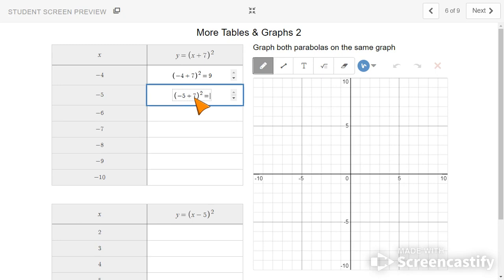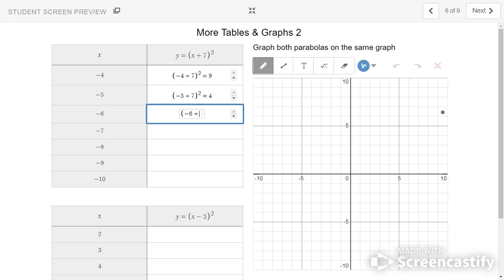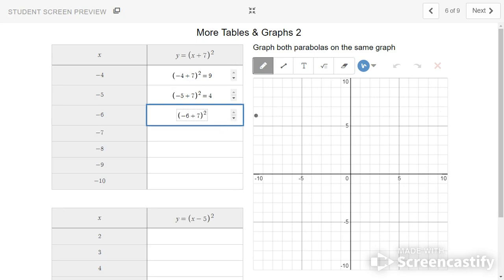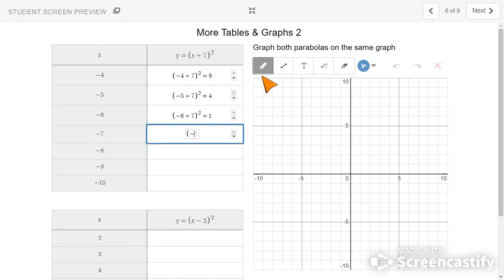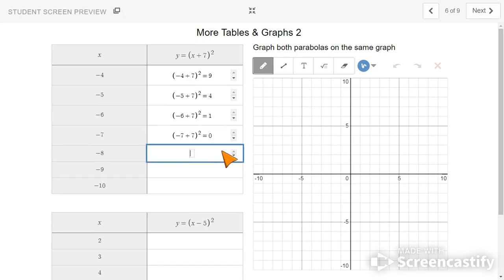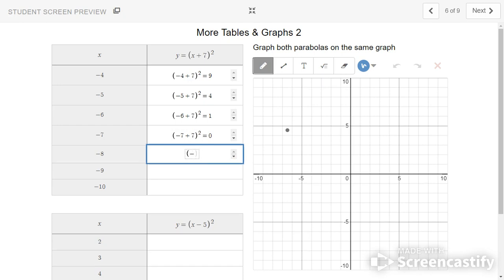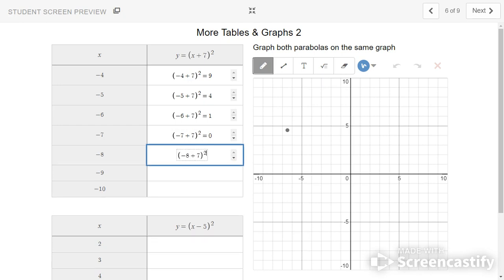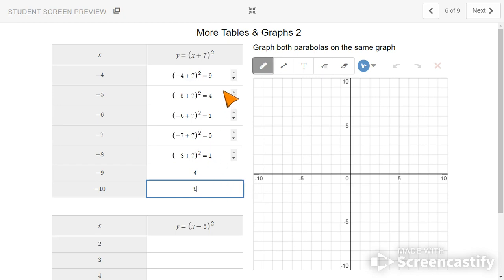I have +2. +2 squared is 4. -6 plus 7. So 1 squared is equal to 1. Negative 7 plus 7, that's 0. Square it, we have a 0. Negative 8 plus 7 all squared. Negative 1 squared is 1. And you start to see we're repeating the numbers again. We've hit the vertex, so I can simply fill in the rest with the mirror image.